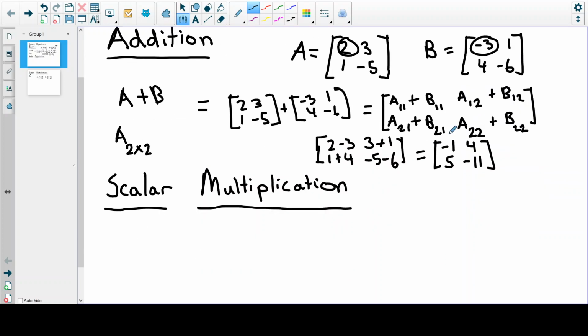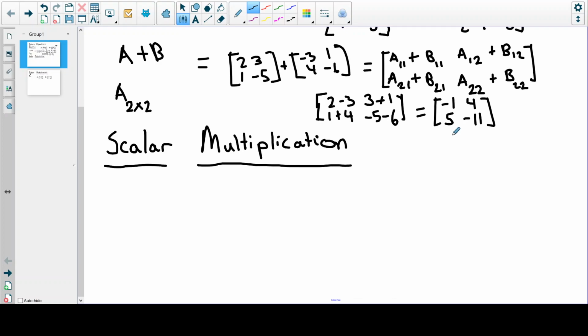Let's move on to scalar multiplication. Scalar multiplication is a different operation you can do on matrices, and that's usually in the form of some scalar, being any number in the real number system, like 1, 2, 3, 4, 5, etc., times a matrix. So let's make up a matrix here. -3, 4. You basically multiply a scalar by any matrix.